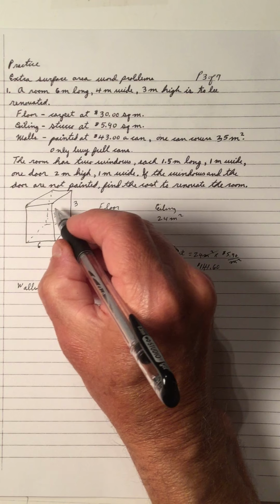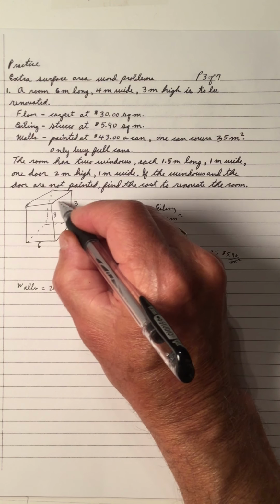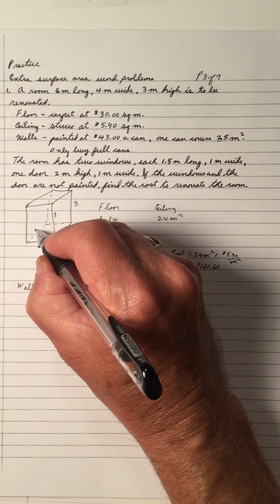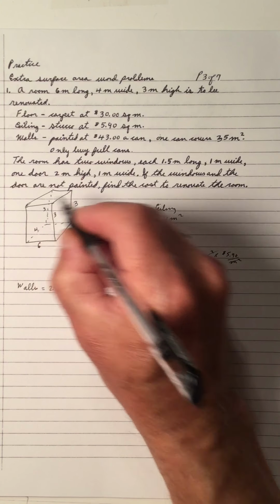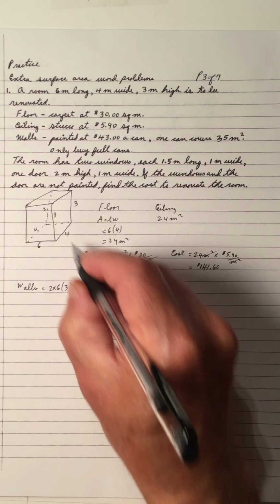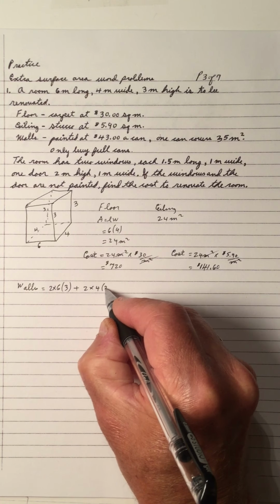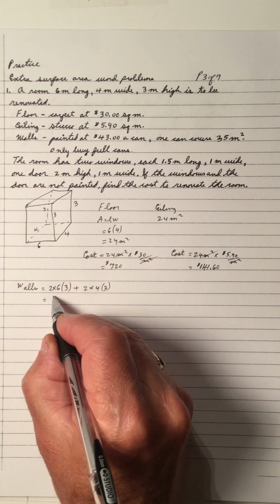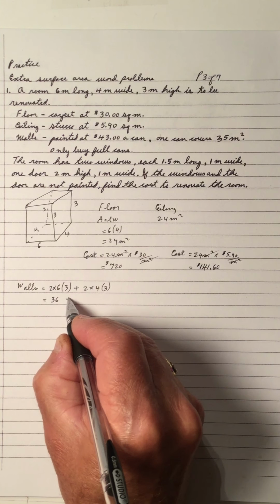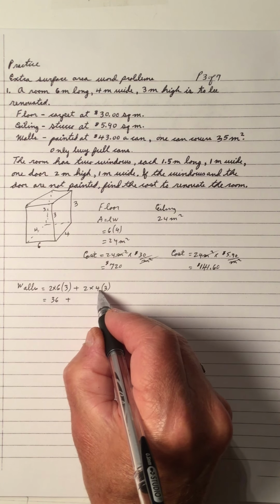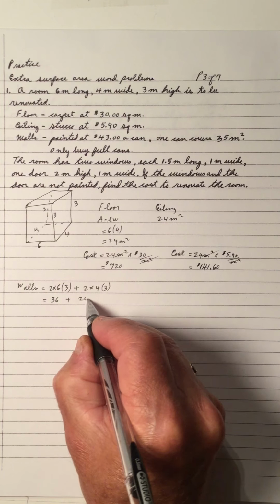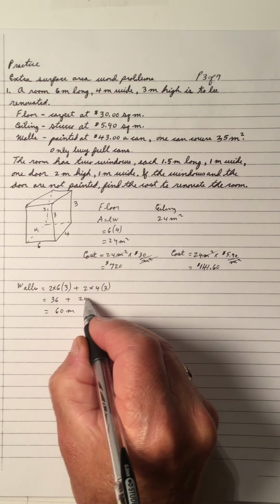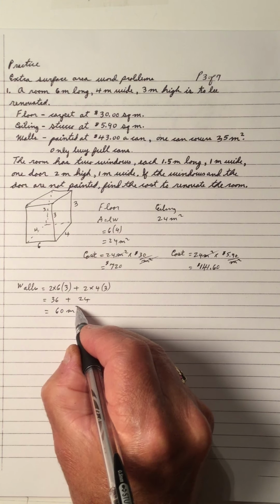And also we have another wall right here, which is 4 by 3, and that's 3 high, so there's a double. So there's 2 of them at 4 by 3. If you work that out, you get 12 times 3 is 36. And 2 4s are 8, times 3 is 24. So the walls have a total area of 36 and 24, 60 square meters.